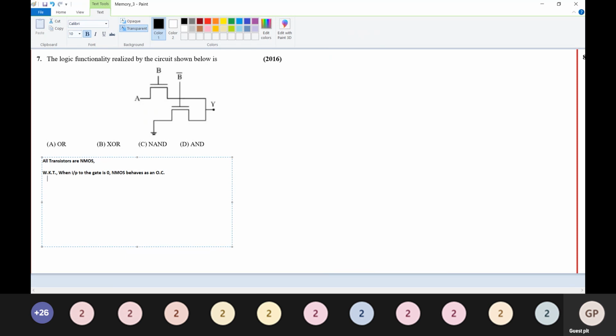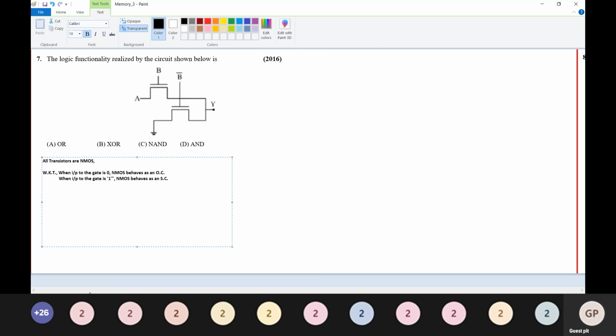And similarly, when the input to the gate is 1, NMOS behaves as a closed circuit.